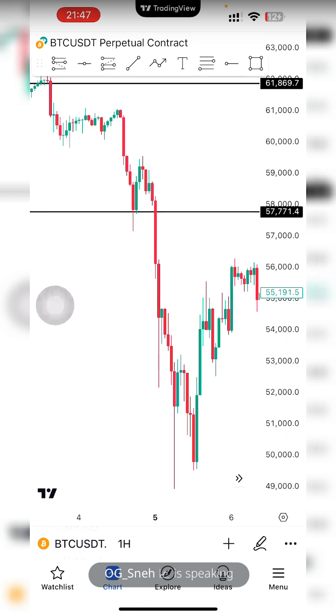Number three hint is that they are going to break structure. Let's say it is support now, they will break it. Let's say it is resistance now, they will break it. Let's say the market is going uptrend, they will break it. Do you understand? So they will do what? A break of structure. Are you feeling me?